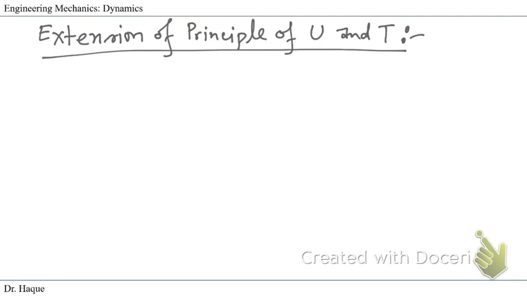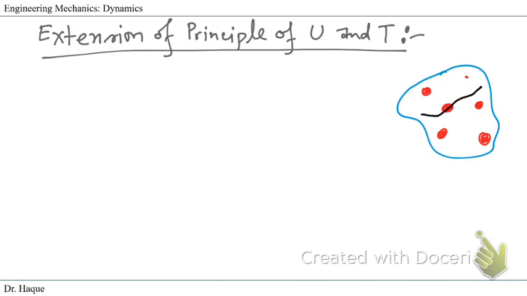So let's assume a system of particles, a body, any body that has tons of particles inside. 1, 2, 3, 4, like lots of particles. So we're gonna take one particle here, and we'll assume that the particle is moving along this path.